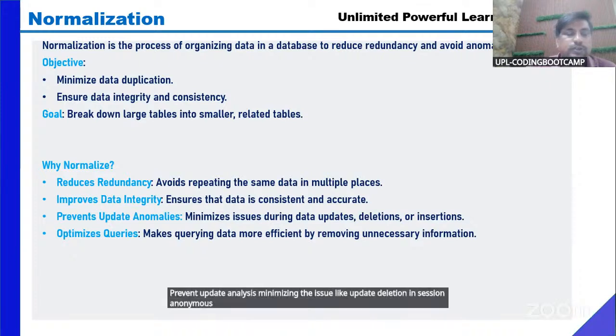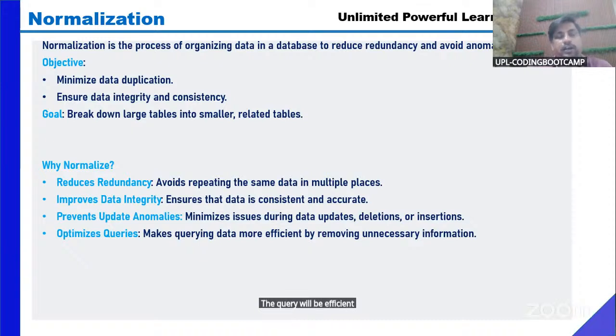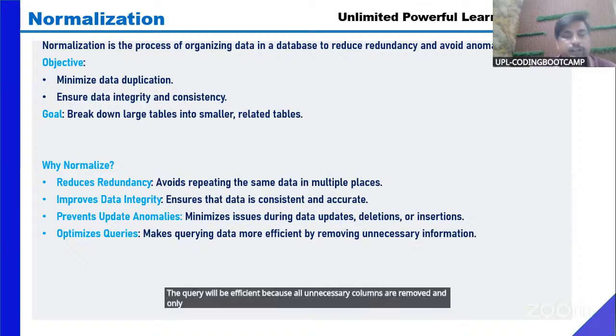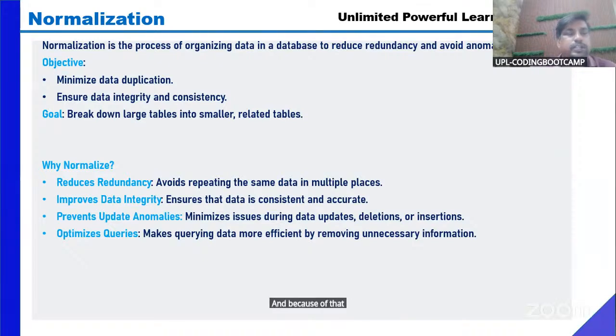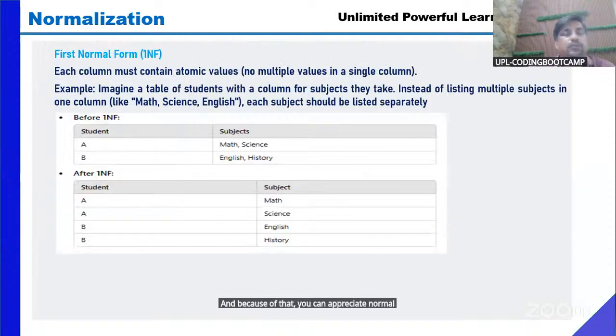And also, if you say that the database is in third normal form, the query will be efficient because all unnecessary columns are removed and we have only relevant columns and records. Because of that, you can appreciate normalization. Now let us look into that.